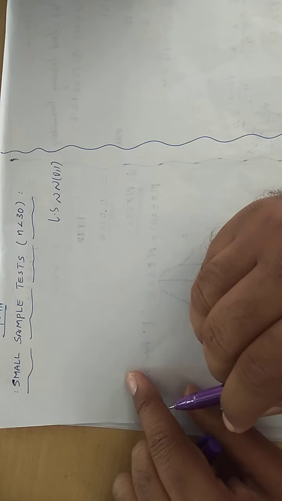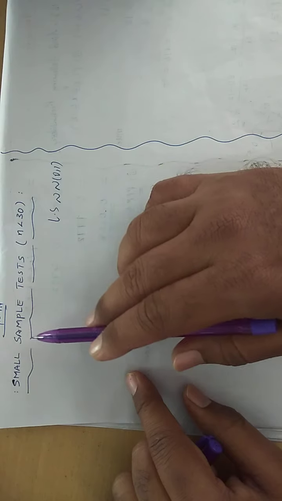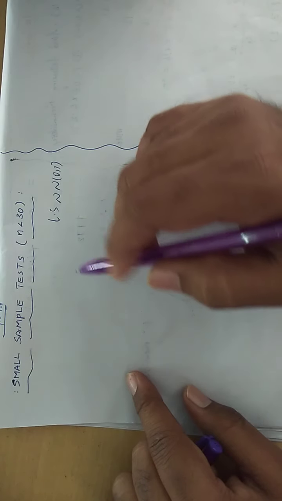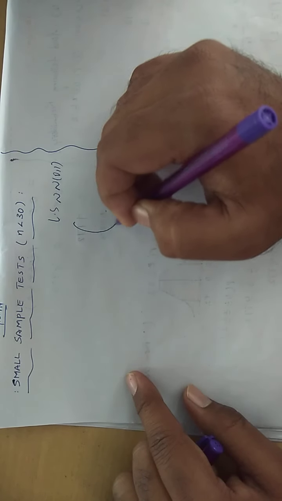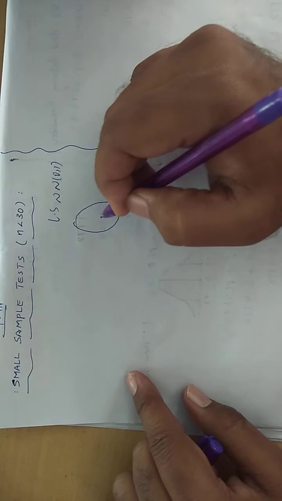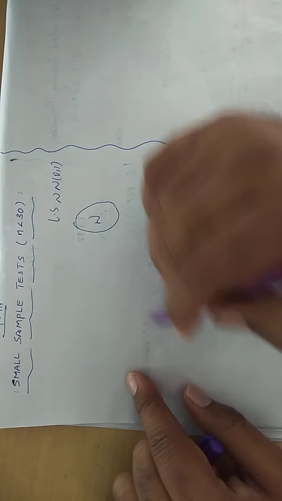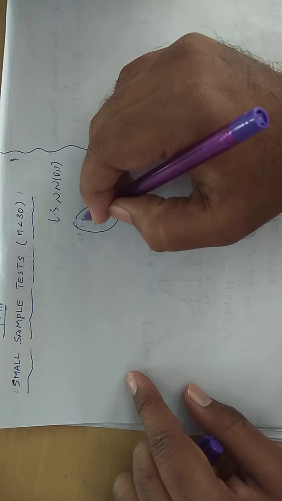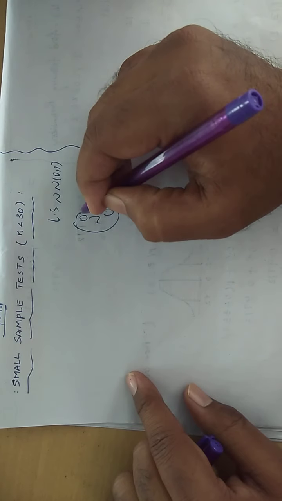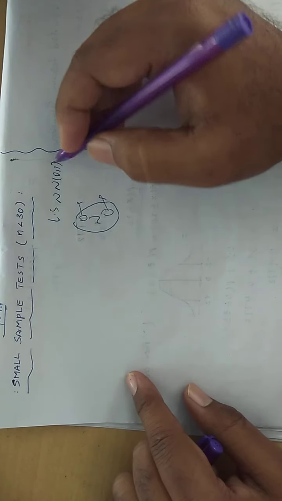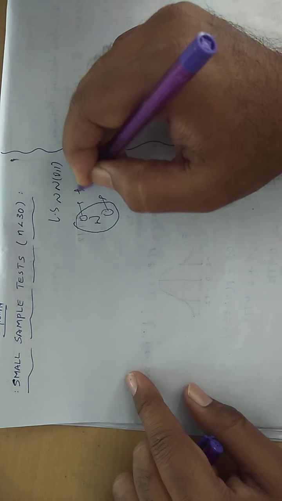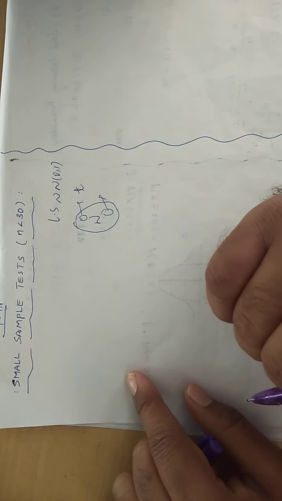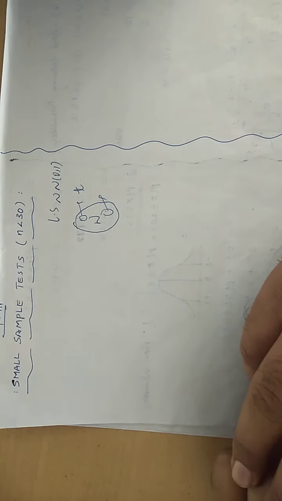But here, you assume that the population from which you are drawing the small samples is a normal distribution, and the samples you collect from the normal population are going to follow the exact sampling distributions like the t distribution.